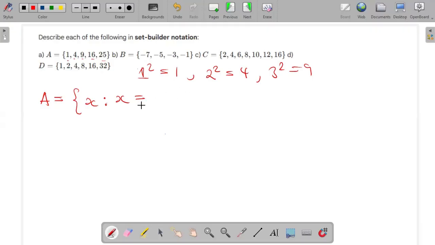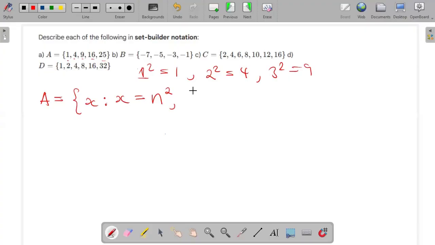So this means x is equal to n squared. Then what values does this n take? I just said it's a number, but then you have to define what values this n is going to take up.